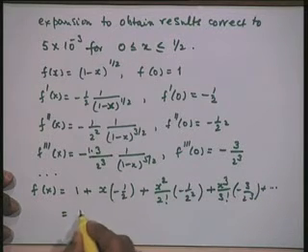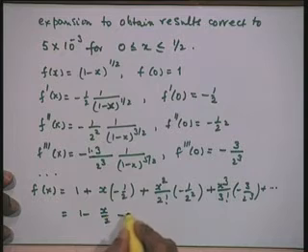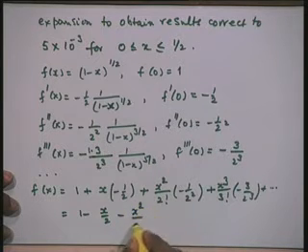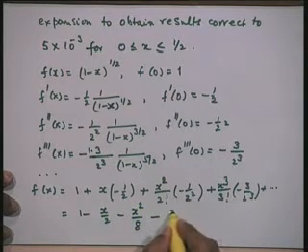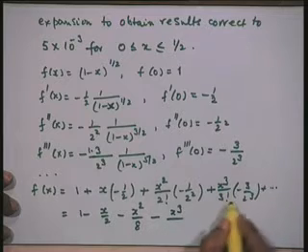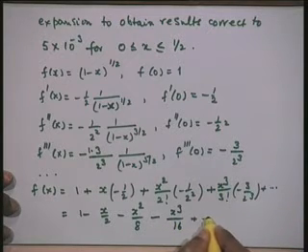So I can write this as 1 minus x upon 2, minus x squared by 8, minus x cubed by 16, plus so on.